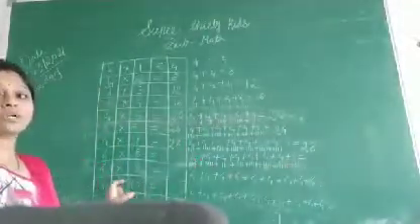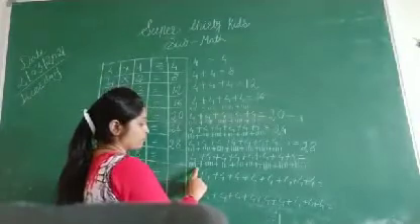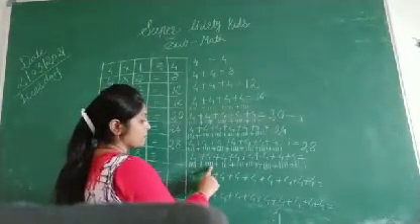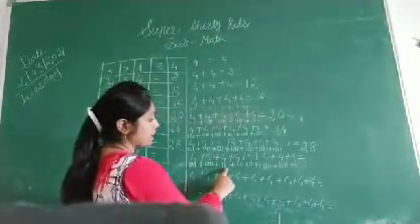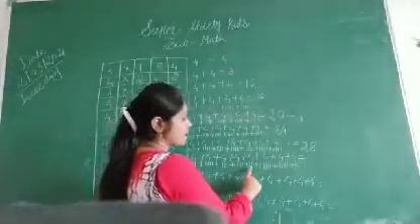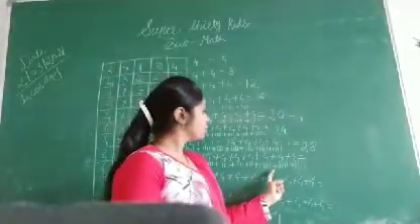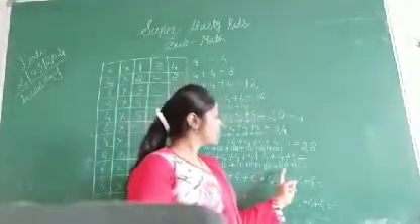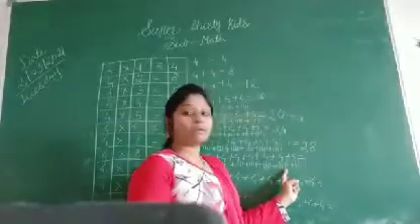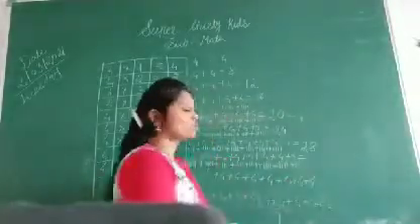Now count all the lines together. 1, 2, 3, 4, 5, 6, up to 32.